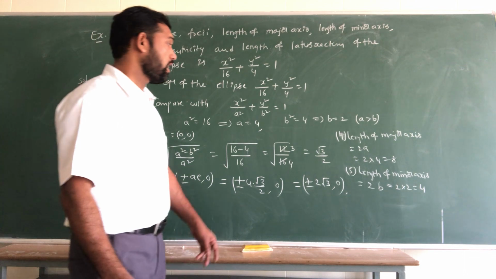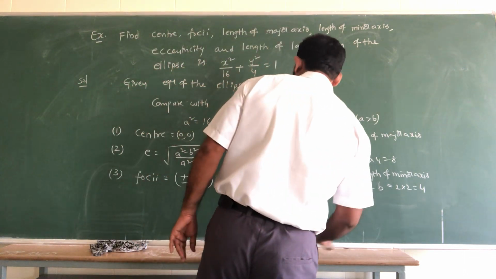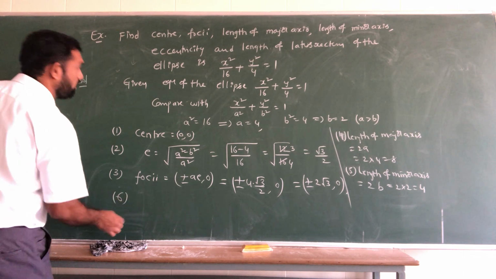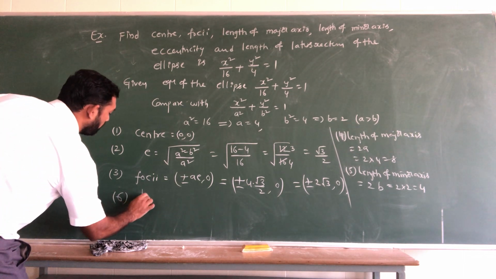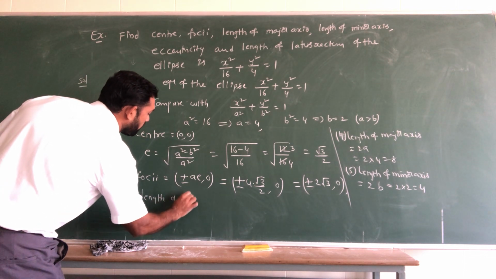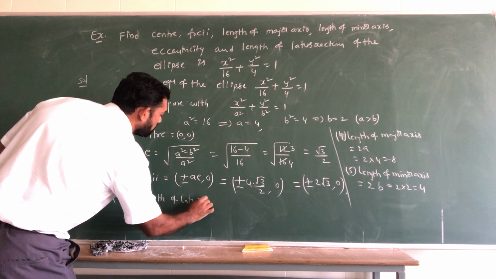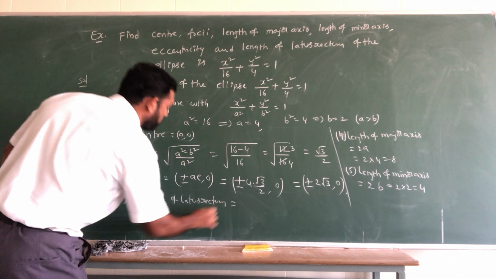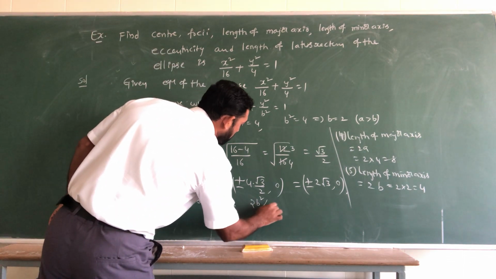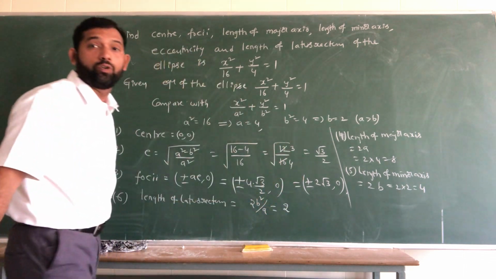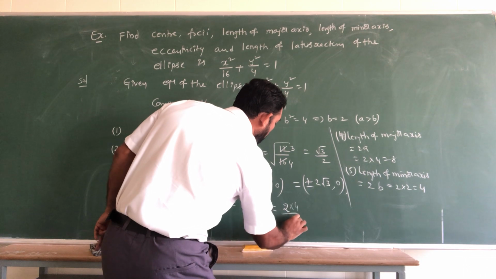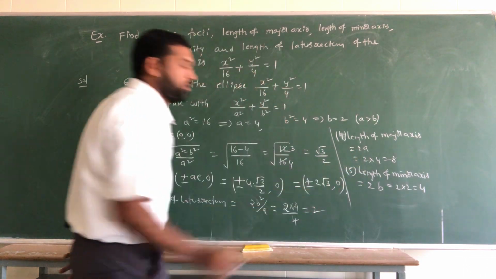Next, the last point, the sixth point: length of latus rectum. It is equal to 2b square by a, that is the formula. 2 into b square value 4, divided by a value 4. So the answer is 2.